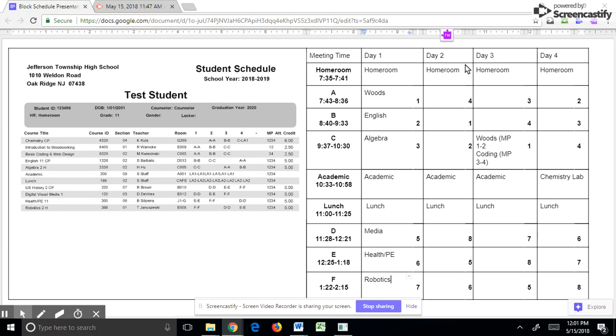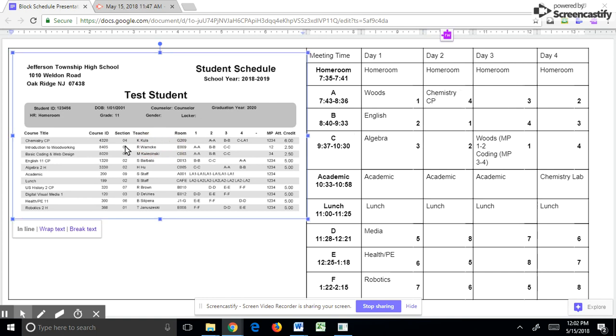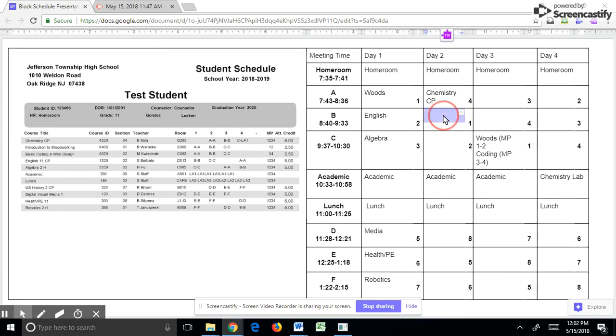Going over to day 2, your A block class for day 2 is going to be chemistry CP. Your day 2 B block class is going to be woodworking. Your day 2 C block class will be English.